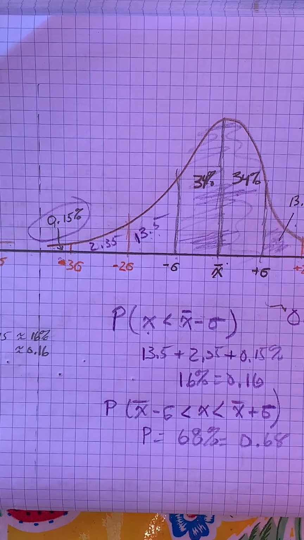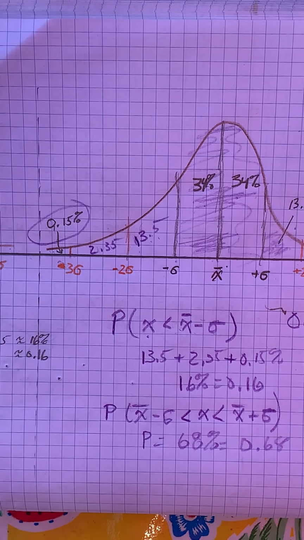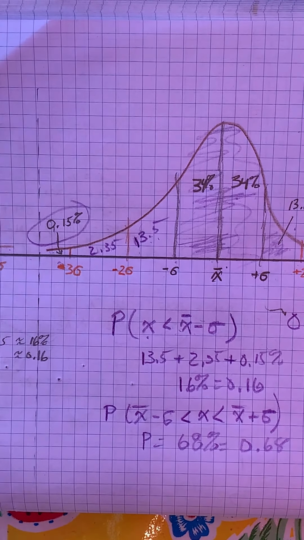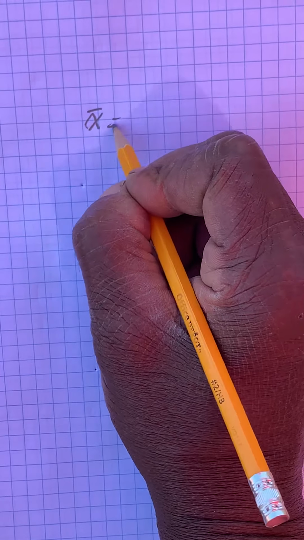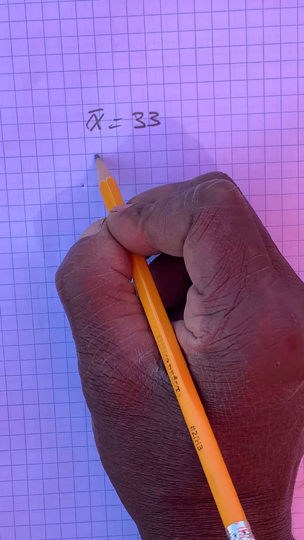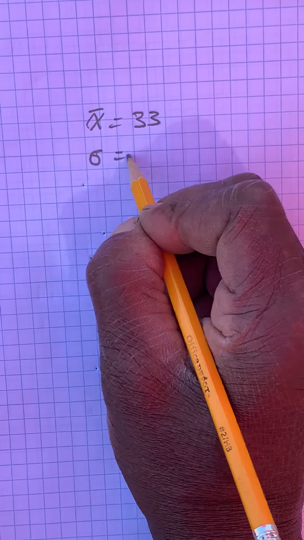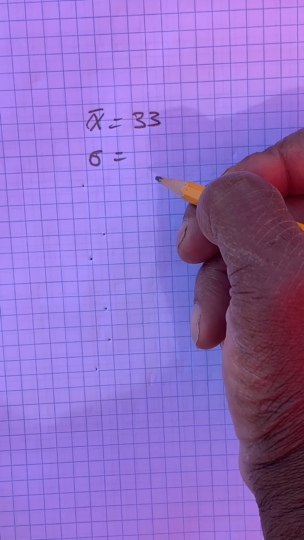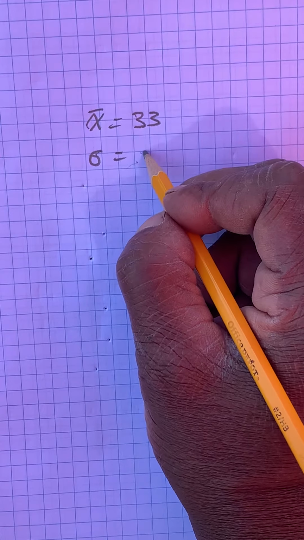Now let's go one more step forward. Let's put some actual numbers on there. Let's say you had a normally distributed data set such that the mean is equal to 33, and your standard deviation is 4.